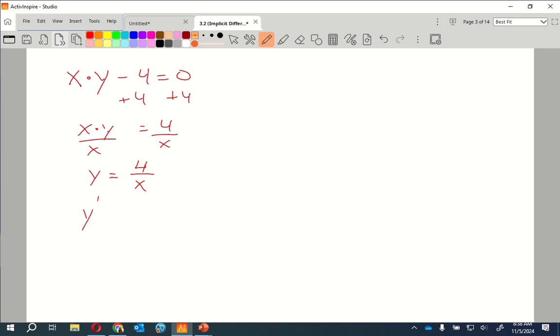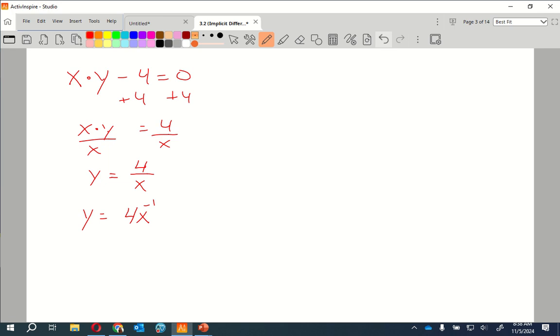Y prime. Actually, before I do the prime, let's rewrite it. So what's going to happen here? I get 4 times x to the negative 1, right? Yes?